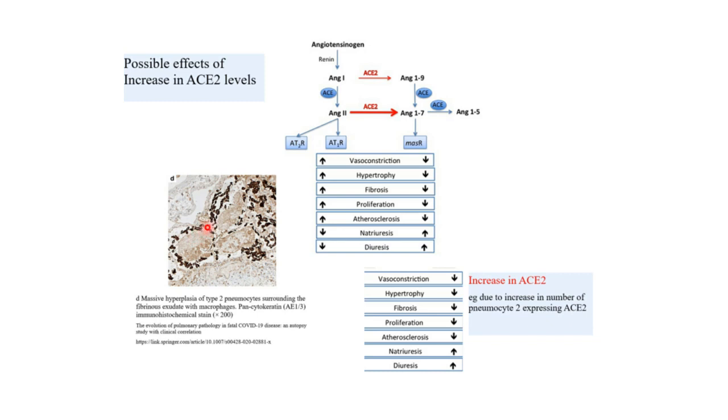If you have an increase in pneumocytes by hyperplasia, then it's logical to assume there will be more cells expressing ACE2 on the surface, so the total amount of ACE2 within the individual will increase, and this will lead to this pathway being favored, that is decrease in vasoconstriction, decrease in hypertrophy, decrease in fibrosis, decrease in proliferation, decrease in atherosclerosis, increase in natriuresis, and increase in diuresis.